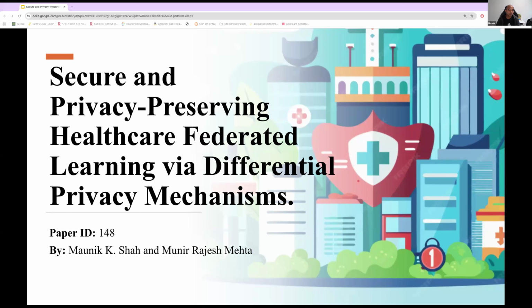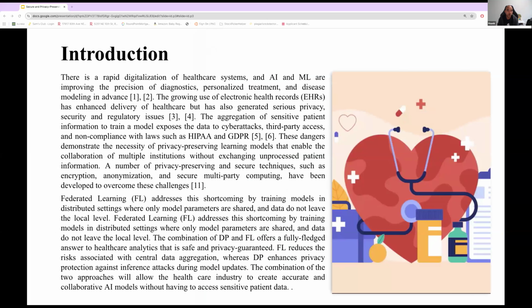Hello everyone. I'm going to talk about my paper on privacy preserving healthcare using federated learning with differential privacy mechanisms. The premise of the paper is that the raw data of patients and healthcare records are generally distributed across different hospital institutions, and aggregation of such sensitive patient information to train models exposes the data to cyber attacks, inference attacks, third-party access, and non-compliance with laws, because the patient record EHR laws are very strict with GDPR and HIPAA.